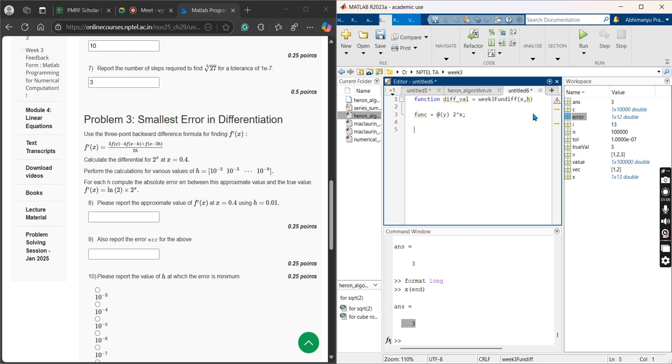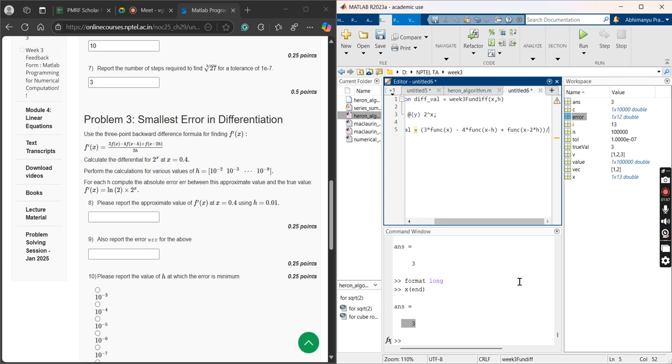Now my diff value would be 3 times function of x, then minus 4 times function of x minus h, then plus function of x minus 2 times h.